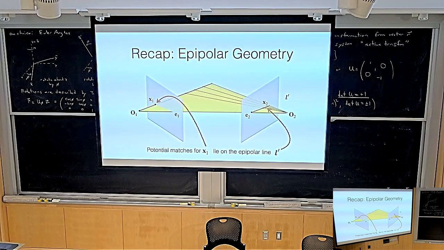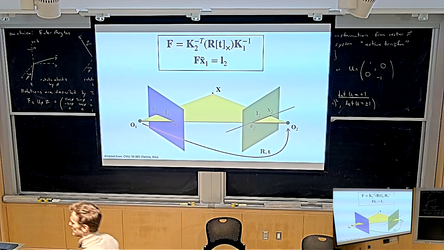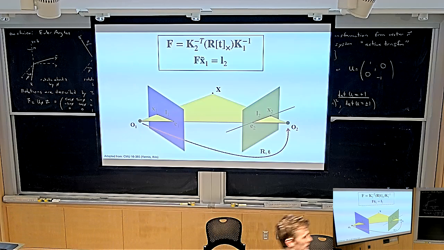Cool, so that was epipolar geometry. Then we also talked about the fundamental matrix, which is not something we're going to use today, but I want to bring it up one more time. It is the linear map that encodes all of the epipolar geometry in a single matrix. It maps a homogeneous pixel coordinate to the equation of a line in the other view.